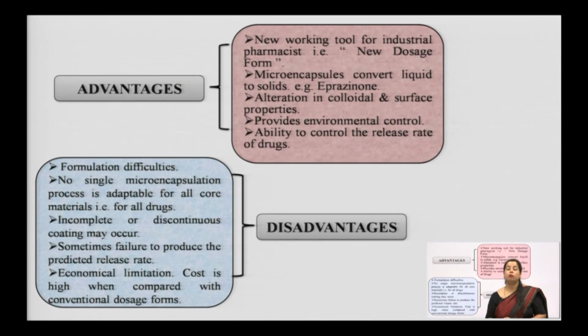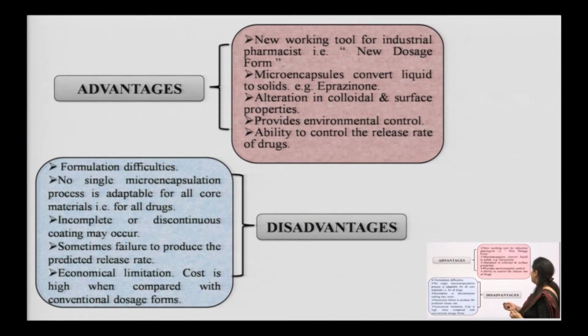Yes, the surface properties of the drug are altered, because it is encapsulated in the polymer shell, and the polymer layer is the outer layer of the microcapsules, and the surface properties are modified while administering into the body. So, surface area is increased and the release is modified in that case.